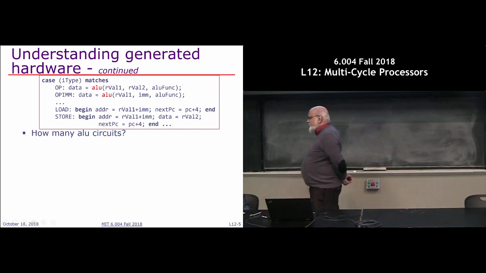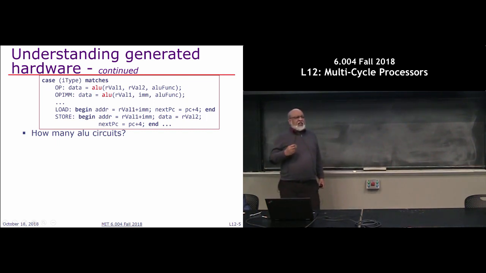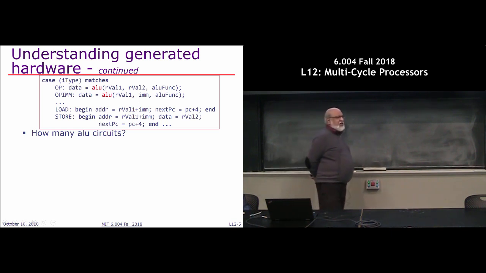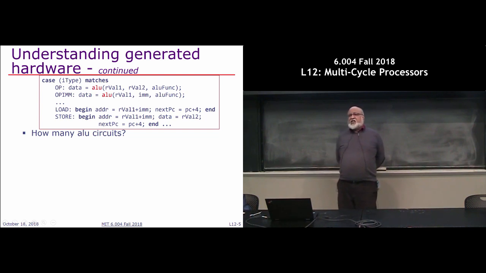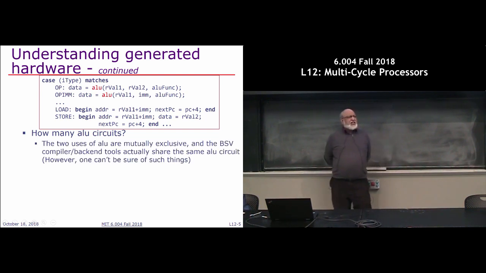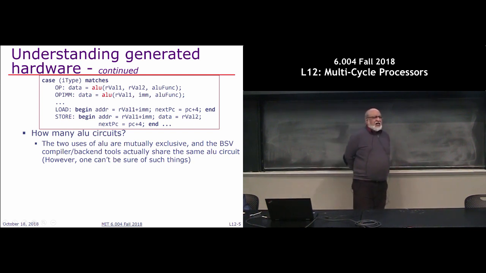We have this procedure that we wrote, which executes instructions depending upon their type. Notice that in the case of op instructions and op immediate instructions, both of them are calling ALU. So the question is, how many ALUs are generated in hardware?